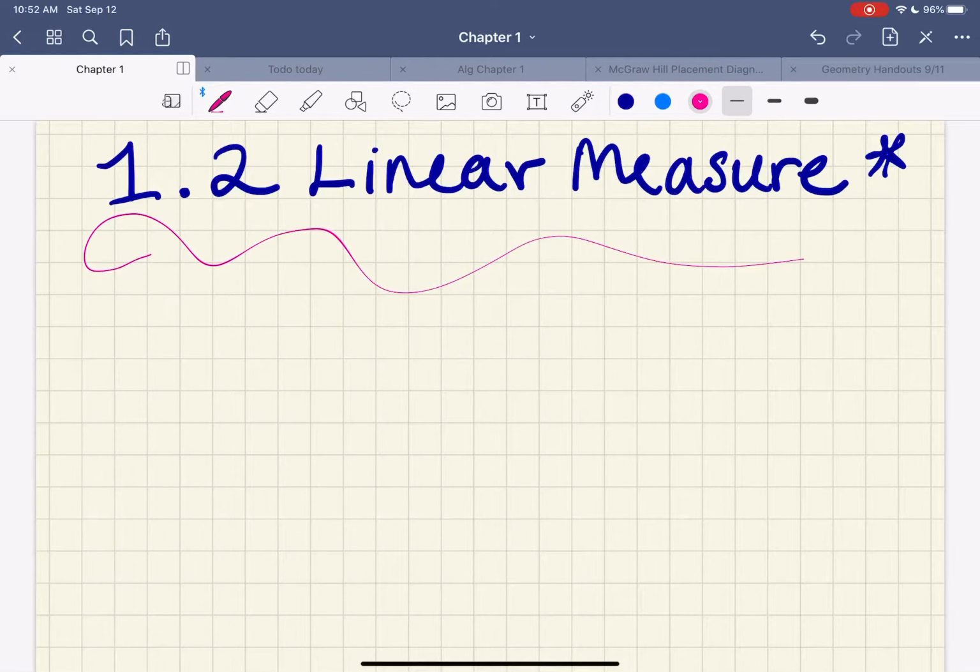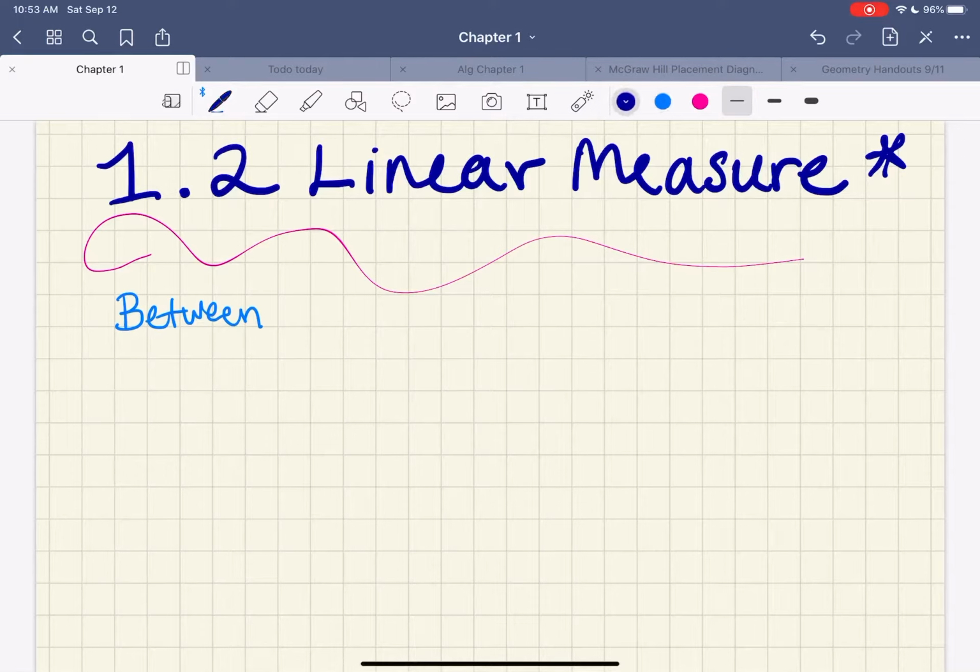Hi everybody, welcome to 1.2 linear measure. I think that we might have two parts for this video, but the second one will just be examples for the most part. We already started talking about this a little bit in class, about betweenness of points and how to actually define something like that.